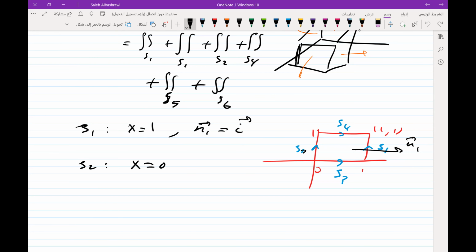The normal unit vector for S1 is i. For S2, we go in the negative x direction. If this is y and this is x, the normal vector N2 is equal to minus i.